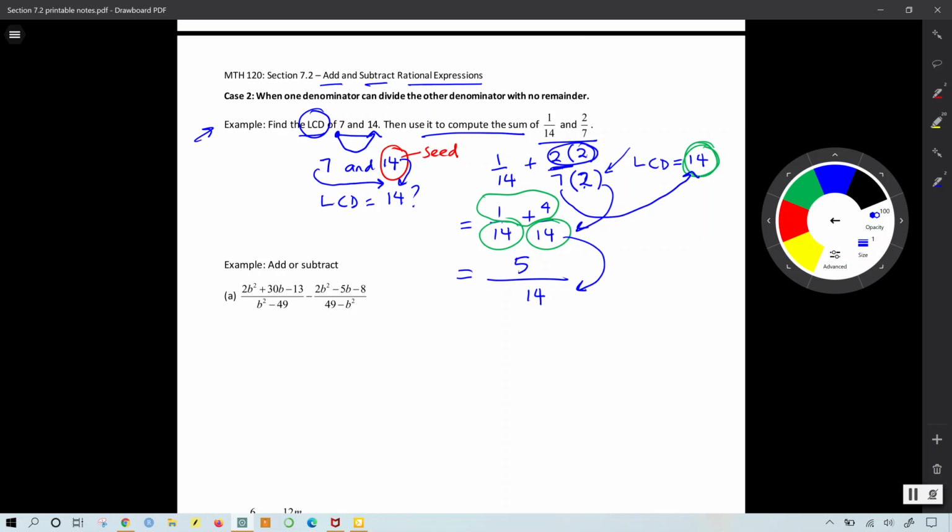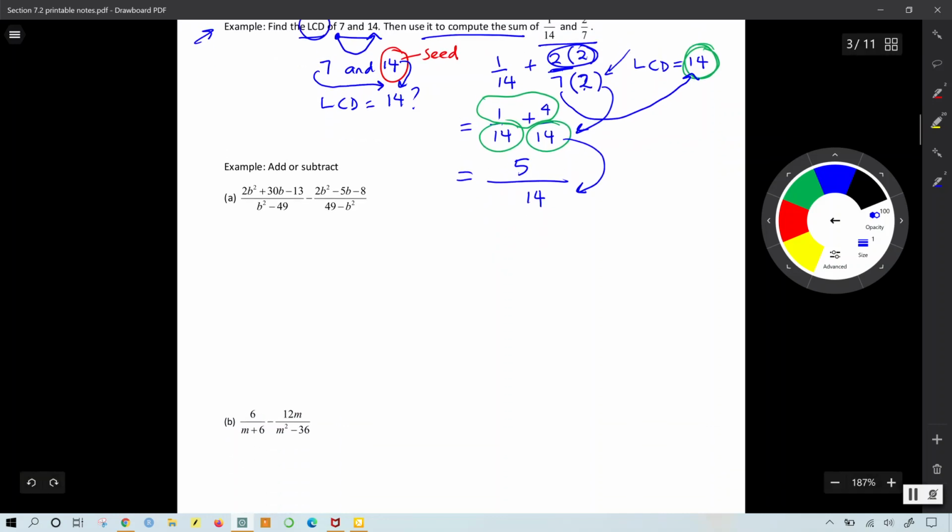So, the gist we want to make here is that if we can convert a fraction or both fractions to a form where they both share the same denominators, it is always easier to complete the addition or the subtraction. So let's use that big idea in order to help us with a bigger or more interesting challenge.